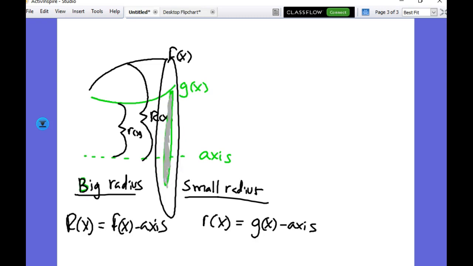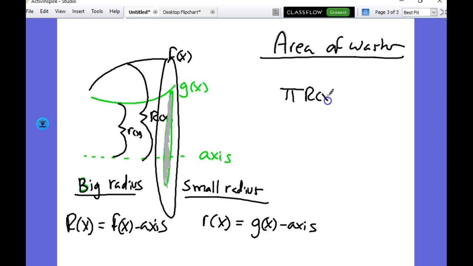So now we talked about how to find the area of the washer. The area of the washer would be pi big R squared minus pi little r squared.